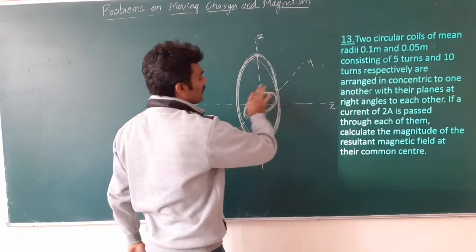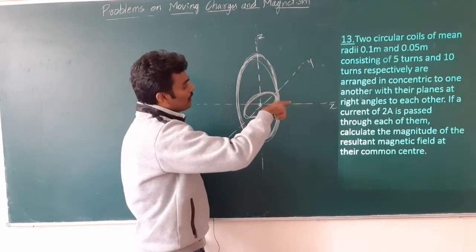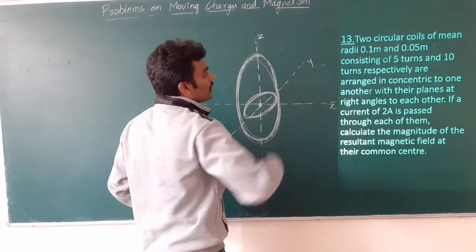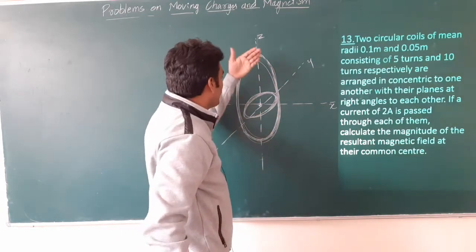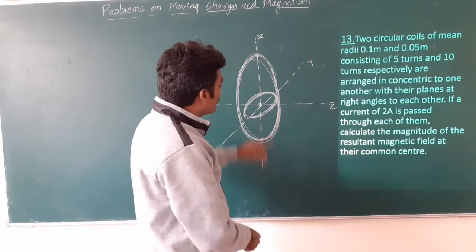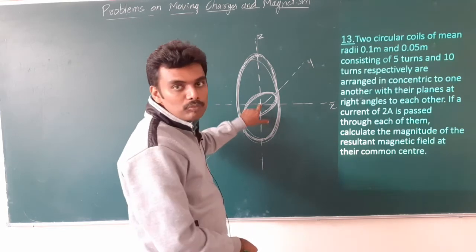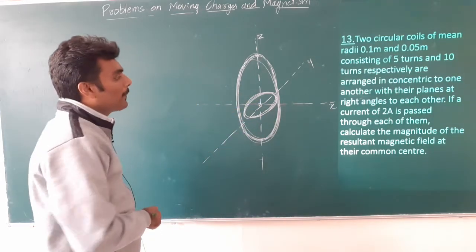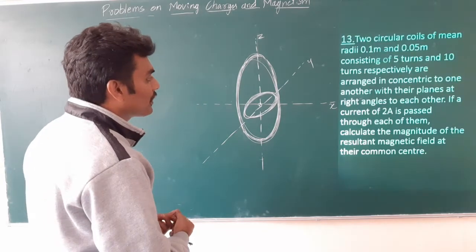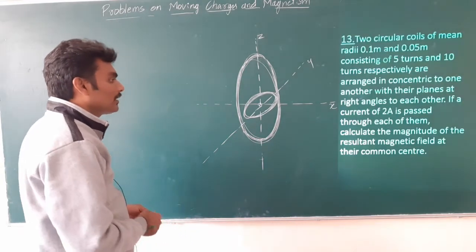This coil is in the xy plane, and the other coil of 0.1 meter radius is in the xz plane, respectively, and are arranged concentric to each other. Then the center of both the circles is the same. If a current of 2 ampere passes through them, calculate the magnetic field.